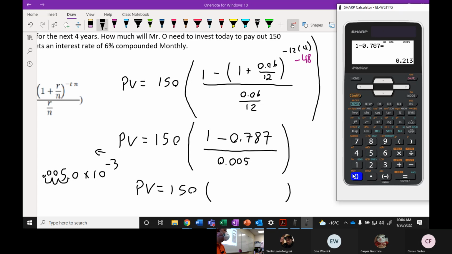Then divide that by 0.005, which equals 42.5.